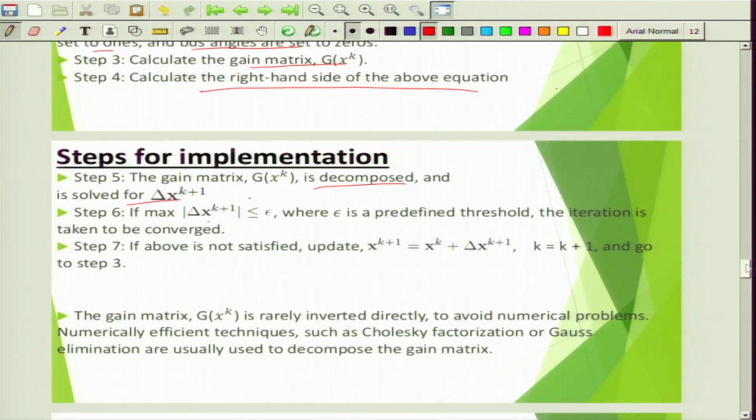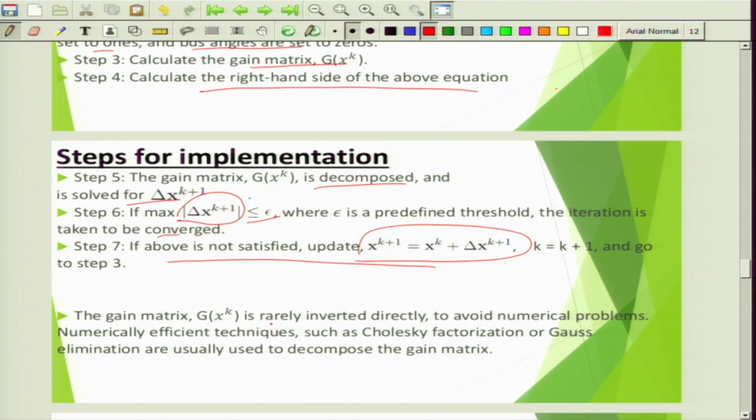Now if the maximum of this deviation is less than the error, the predefined threshold value, the iteration is taken to be converged. If the above is not satisfied, then update x_k+1 with x_k plus delta x_k+1, which you got in the previous iteration. So again you follow the same procedure.